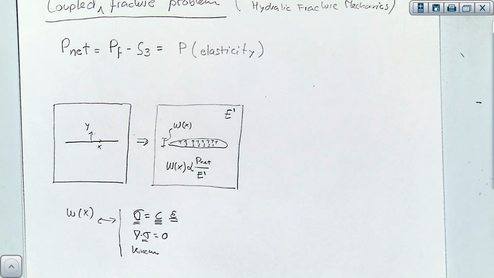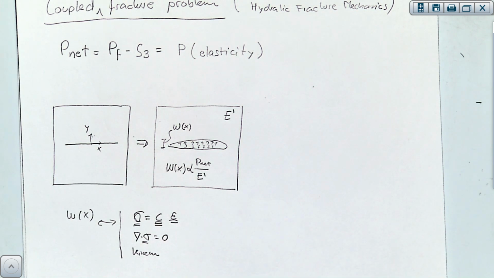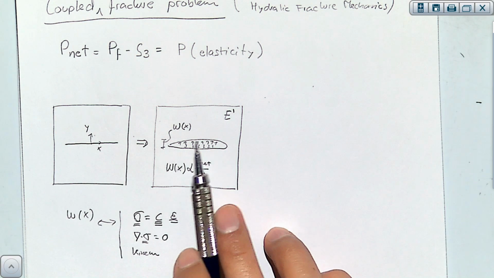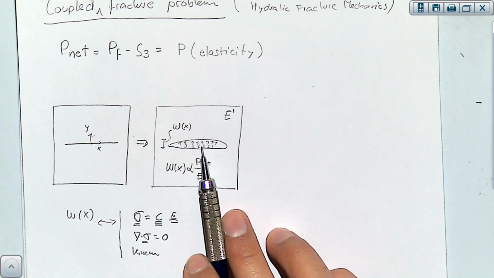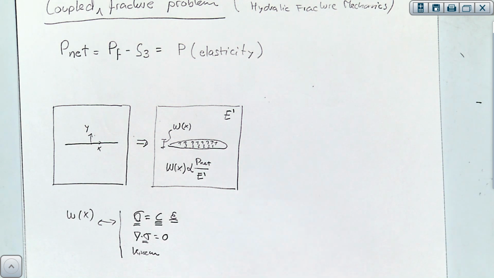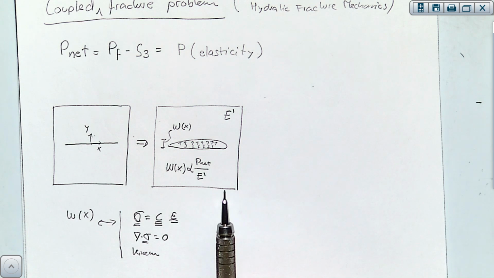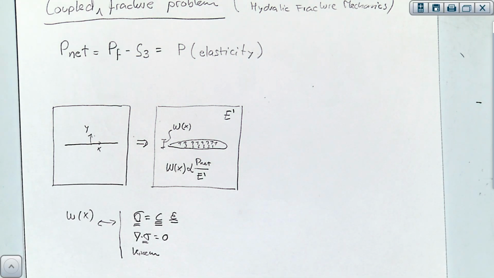You solve all of that, you get what is the displacement as a function of pressure for this shape. Analytically, we're going to see one equation that allows us to solve this. In general, you know the pressure, and you can predict what is the displacement, and therefore that's what you're going to get for this fracture. Displacement as a function of net pressure and the elastic properties of the rock. Okay, this is just one part. In order to keep the fracture open, you need pressure.